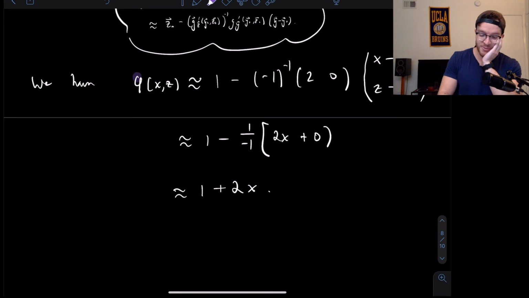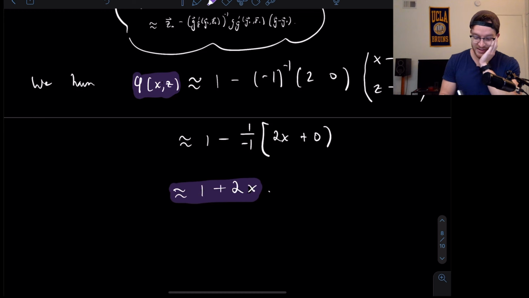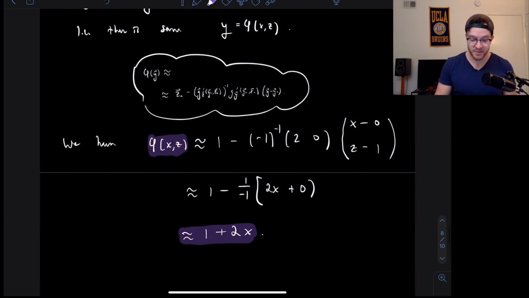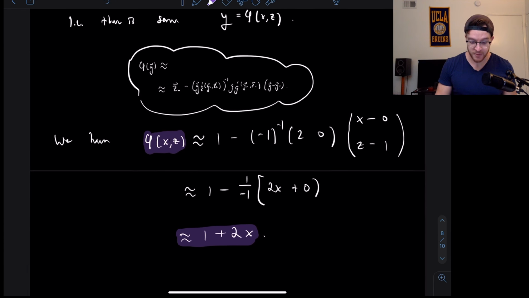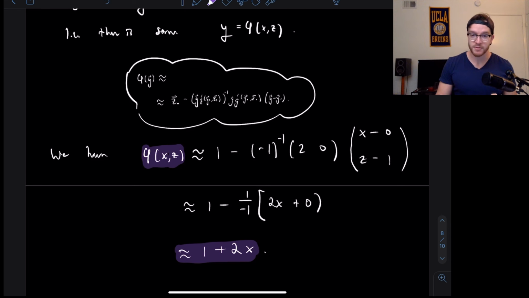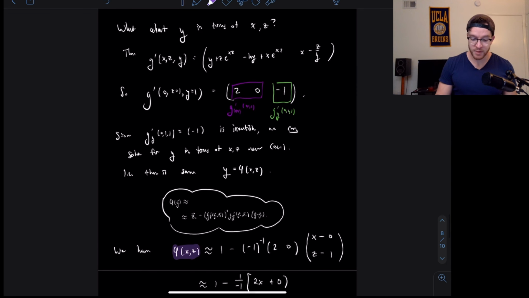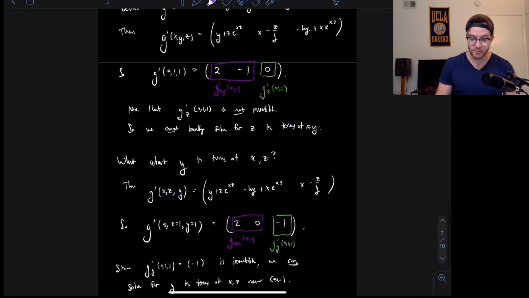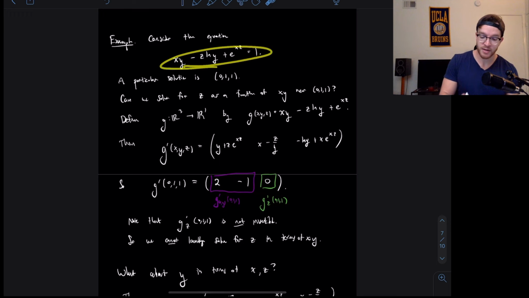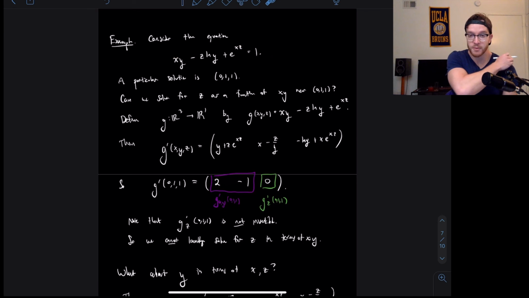Okay, and so what do we get? Again, I find this really cool, and to me this is really satisfying, and it ties together all of the stuff that we've talked about so far. Here's what we've just shown. We found a particular solution of this random nonlinear equation, where actually doing algebra to solve for whatever variable we care about is impossible.